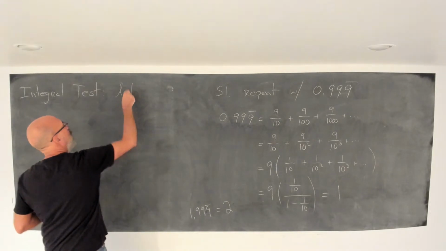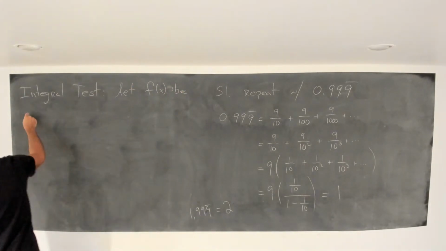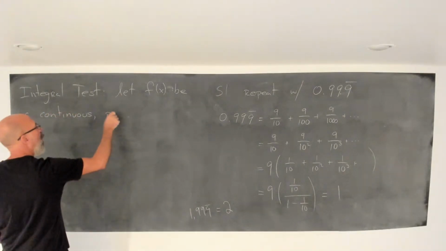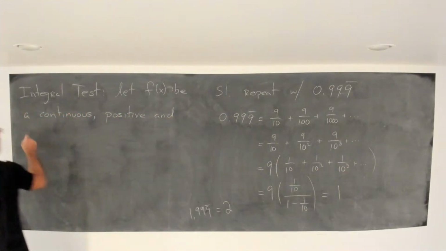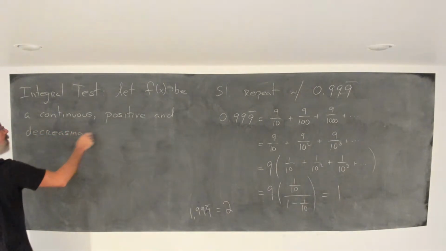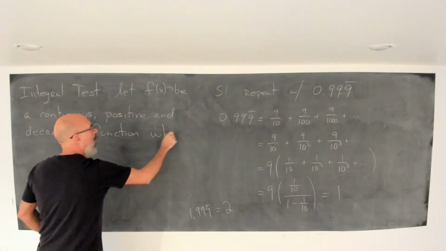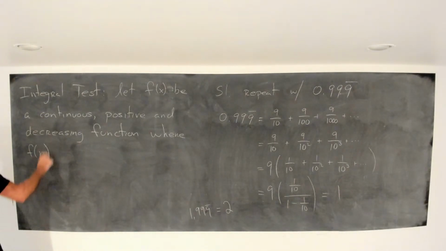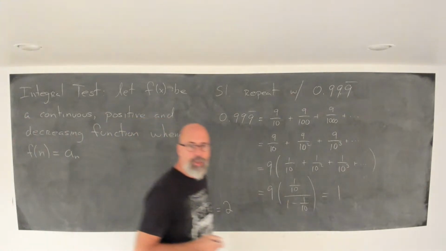Let f of x be a continuous, positive and decreasing function where f of n is equal to an.